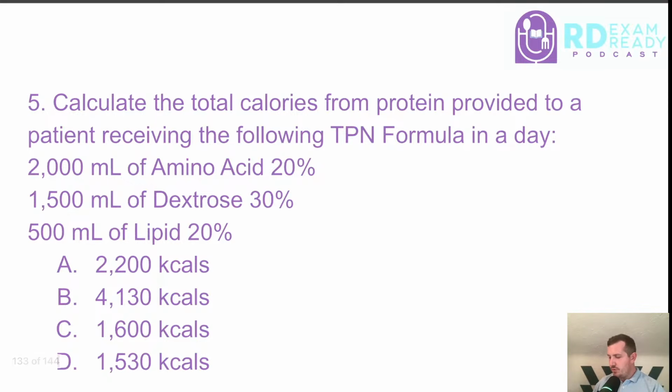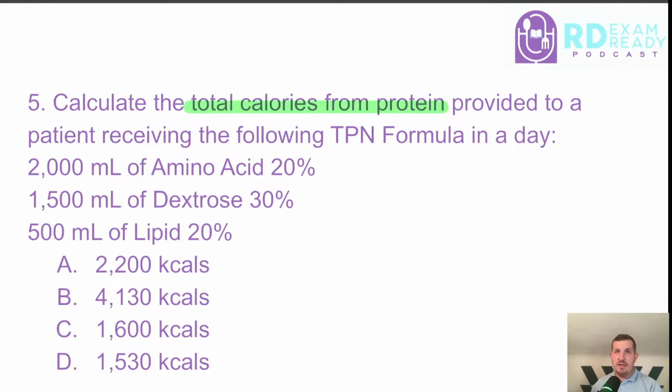Okay. You should have some stuff on paper a little bit. I'm going to jump in here to help us out with this question for any that we're waiting on. Calculate the total calories from protein provided from this TPN formula. As we said, we had 2,000 mils of amino acid 20%, 1,500 mils of dextrose 30%, 500 mils of lipid 20%.